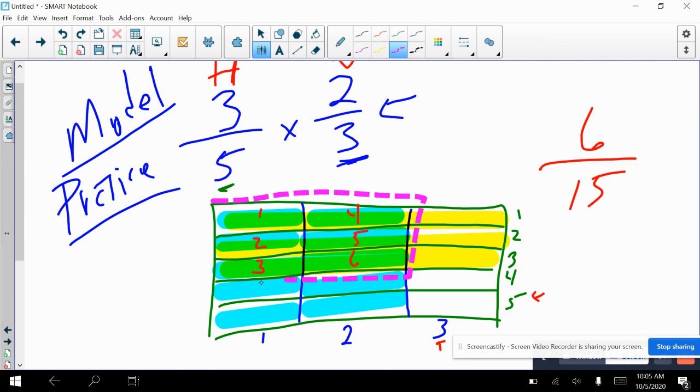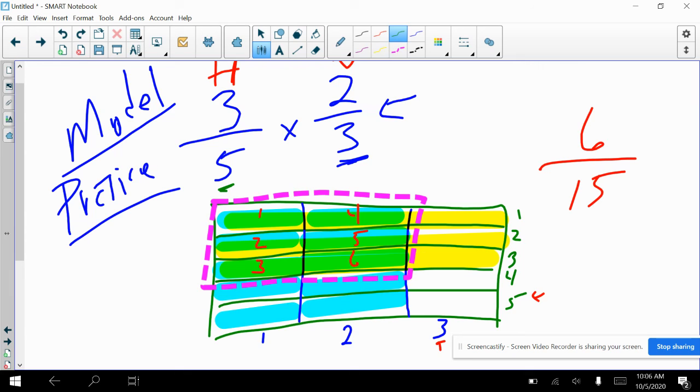How many boxes have both colors is my numerator. That makes sense. Okay, if you take a look at the answer, 6/15, the one thing the model does not do for you is put the fraction in lowest terms.